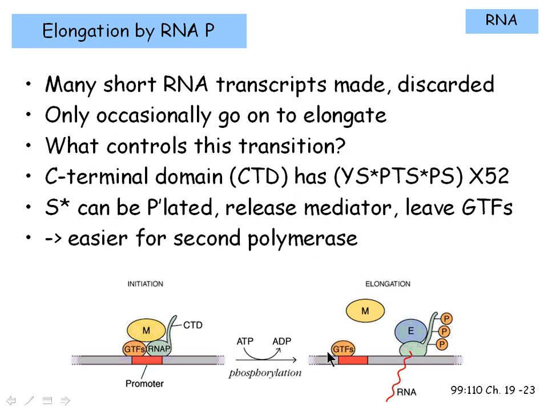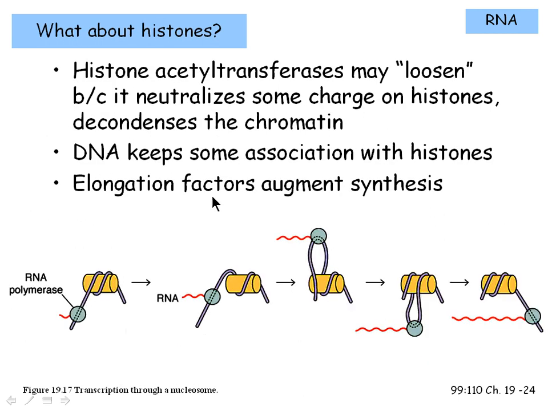And so once you have effectively initiated at that promoter and moved on, it is now a better place for another polymerase to come in and make an RNA transcript. This is one of the things that makes transcription at an active gene more productive than an inactive one.